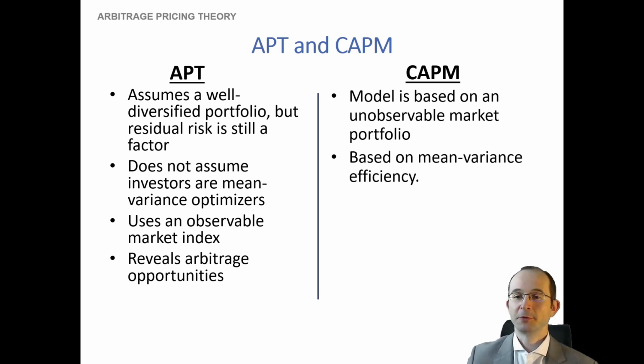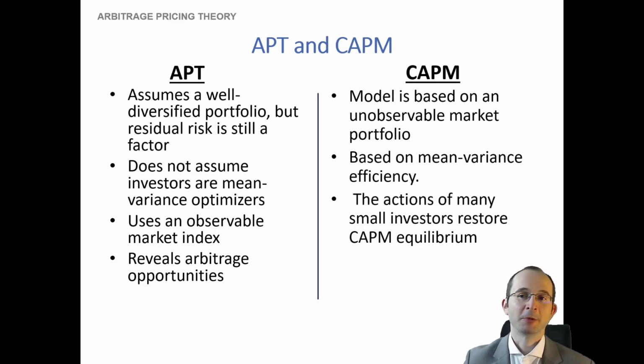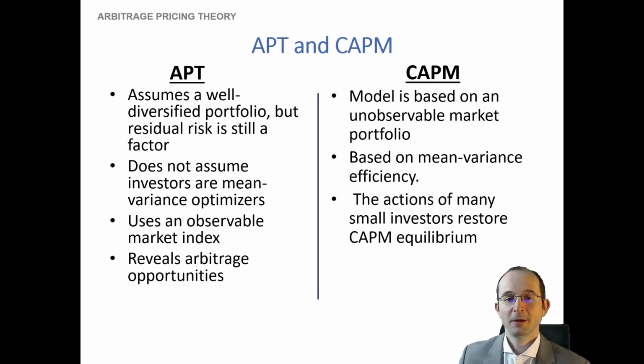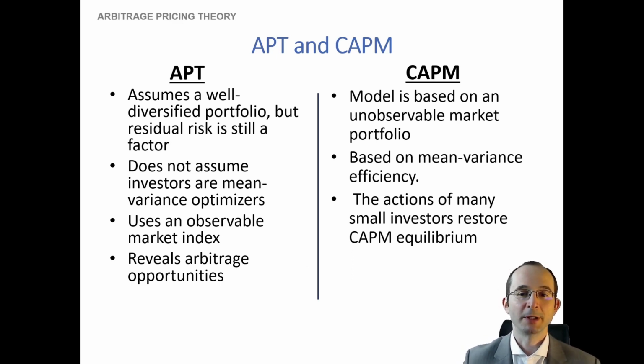The equilibrium proof, of course, as we saw, was based on mean variance efficiency, and essentially it relies on individuals who can't change prices, who can't construct an arbitrage trade that would cause prices to move, but simply construct their holdings in a way that's mutually consistent with each other to create the equilibrium CAPM expected return to risk relation. But at bottom, both of these paradigms come to that same conclusion, right?